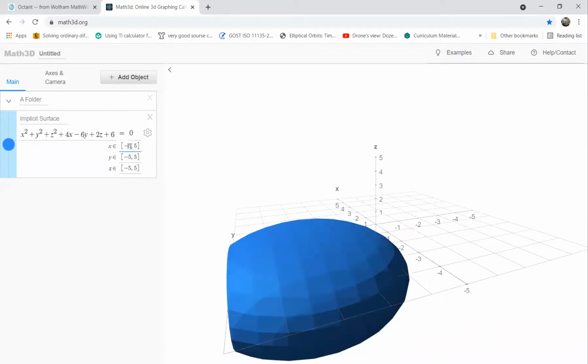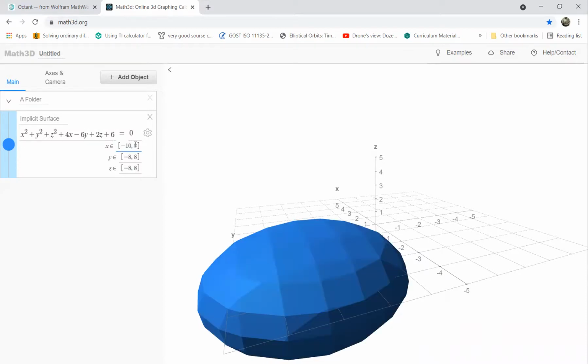So let me just change this into a range that is visible in all directions. You can also change this to 10 or anything that you like.